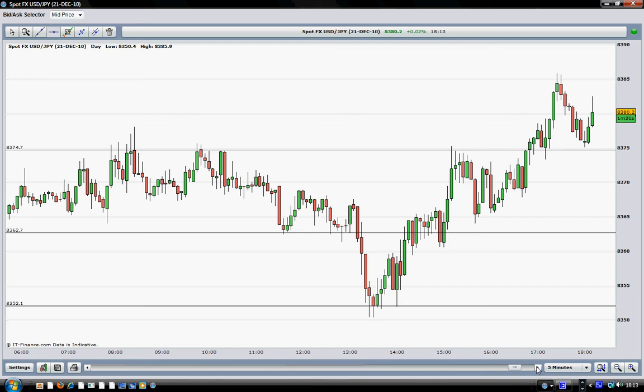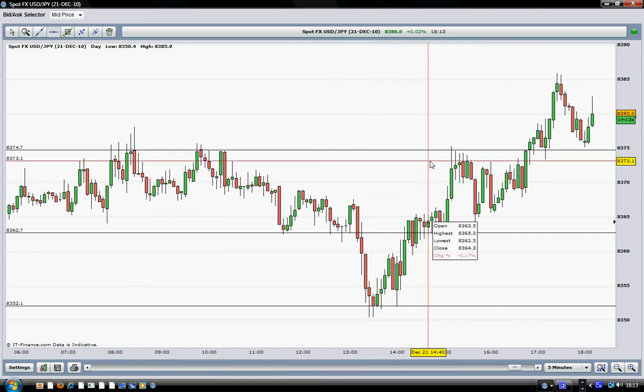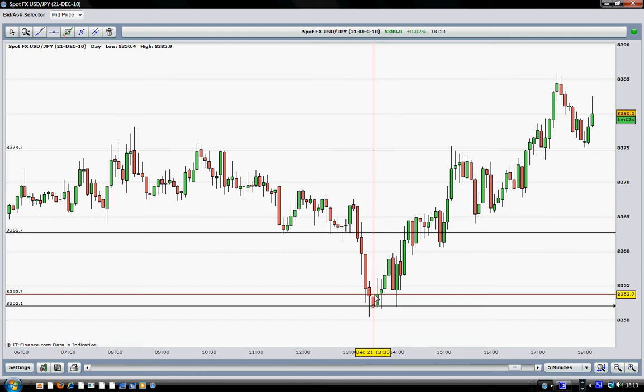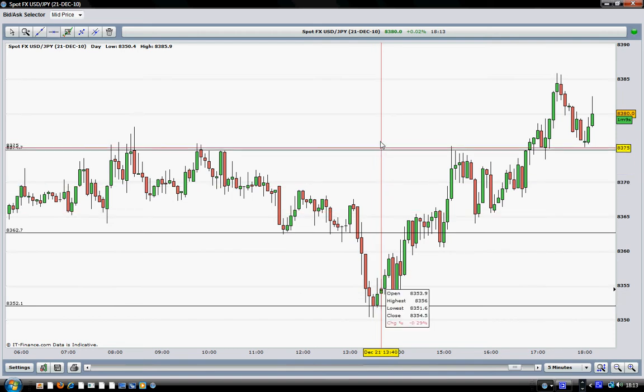If you look carefully on this 5-minute chart of this USD yen, you will see an inverted head and shoulder. This is the head here, this is the left hand side shoulder, and this is the right hand shoulder. You do the projection from here to the neckline here, and then you project the distance from here to this level here, and project it to the other side.